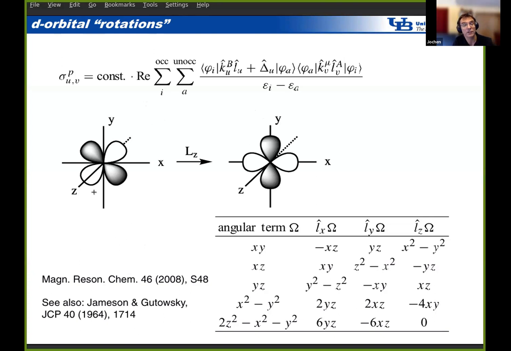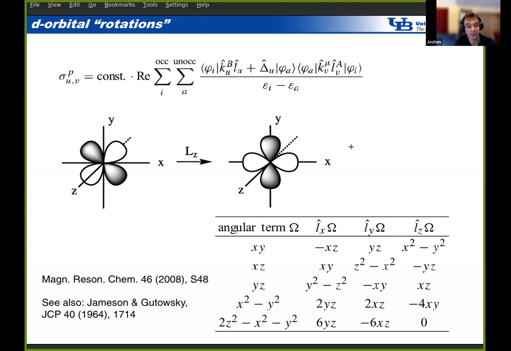So if you have a d orbital and you have a field in z direction, the perturbed orbital will basically amount to a rotation of the original orbital, and that orbital then has to overlap with unoccupied orbitals that have a sigma star antibonding character in order to generate a large contribution to the shielding.